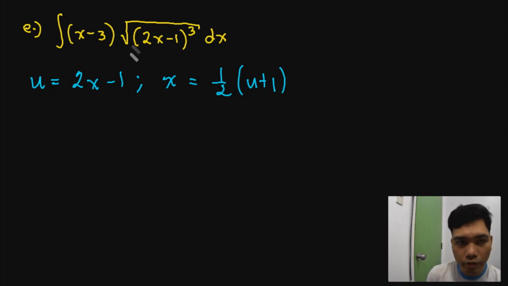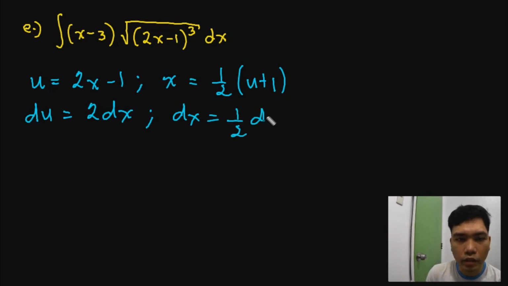Now let's take the derivative. We have du equal to 2dx, and by this we know that dx is equal to 1/2 of du. Let us rewrite this expression in terms of u.